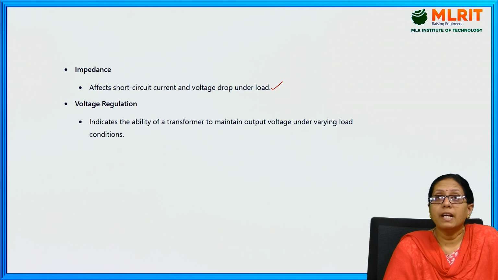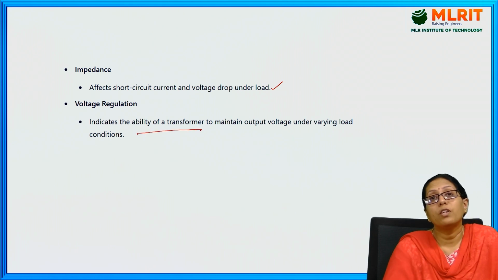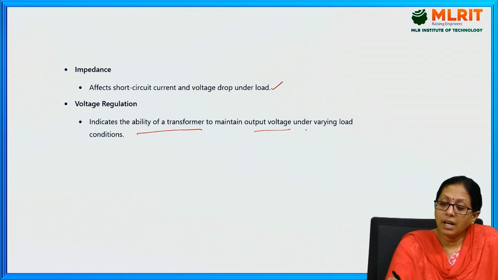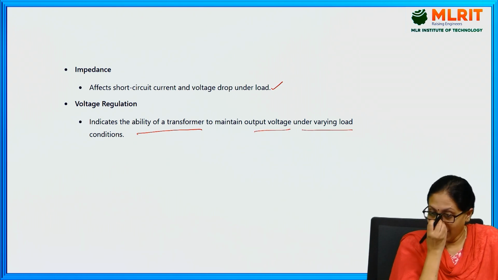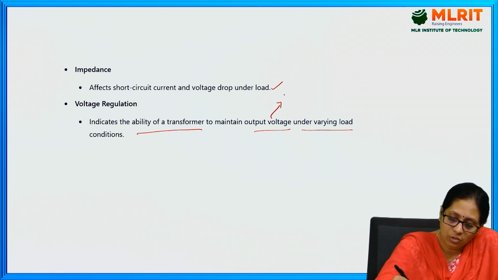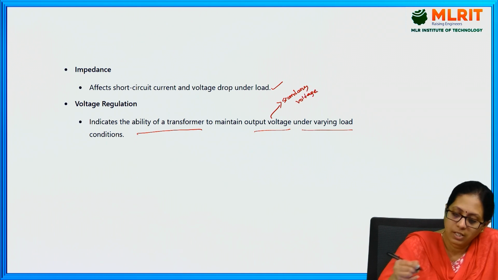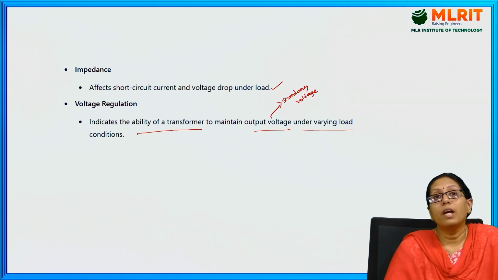It indicates the ability of a transformer to maintain output voltage under varying load conditions. It has to maintain the output voltage, that is the secondary voltage, under varying load conditions also.